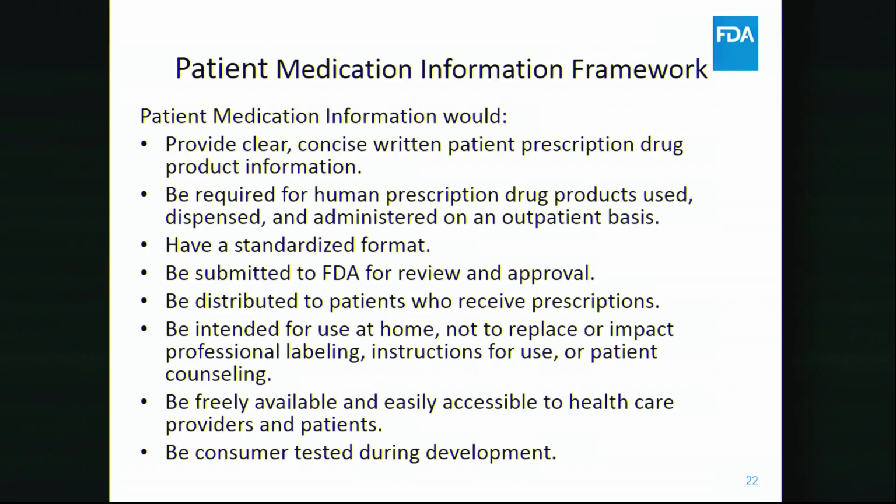It would be submitted to FDA for review and approval. It would be distributed to patients who receive prescriptions. It would be intended for use at home, not to replace or impact the professional labeling or instructions for use or patient counseling, of course. It would be freely available and easily accessible to healthcare providers and patients, and it would be consumer tested during development.